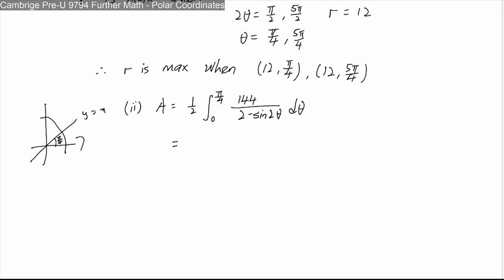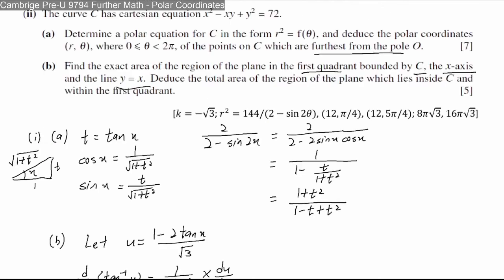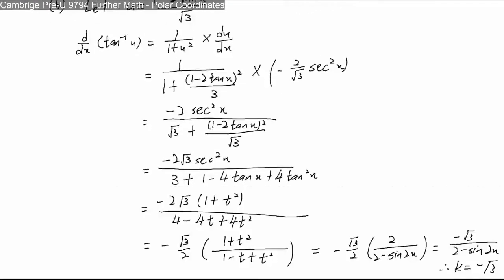Remember, in the previous part we were asked to express this into this form, where we have the negative root 3 over 2 minus sine 2x, and to use this result.